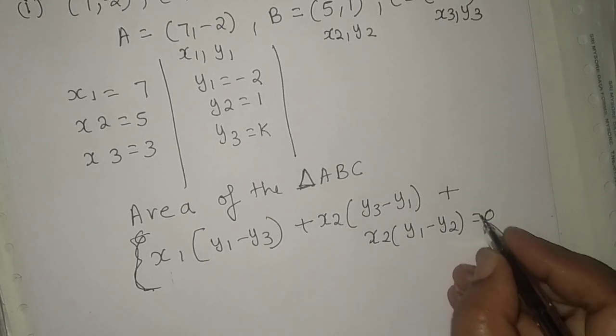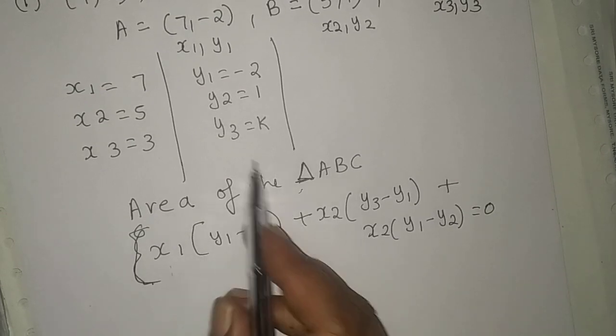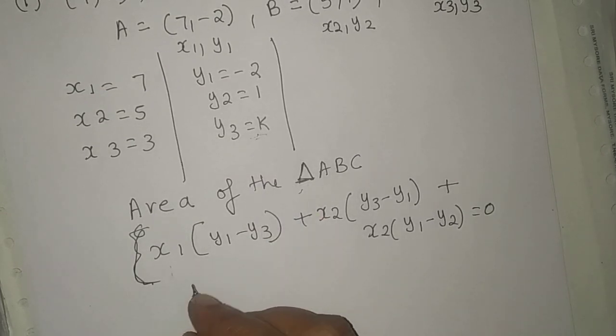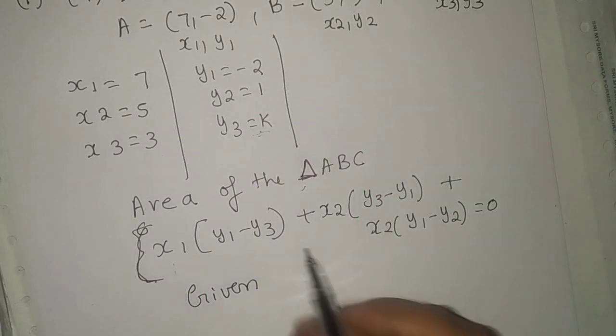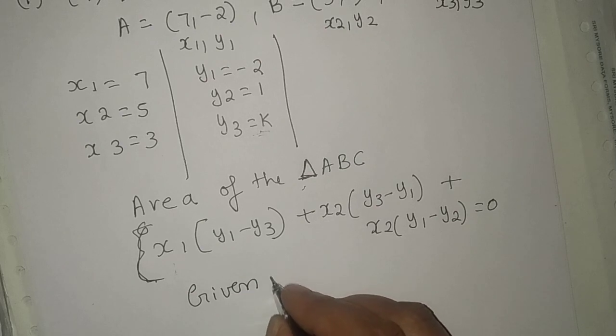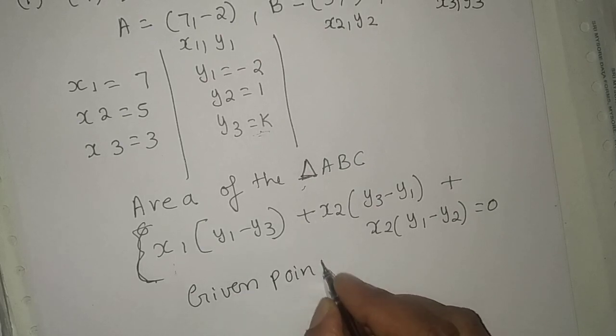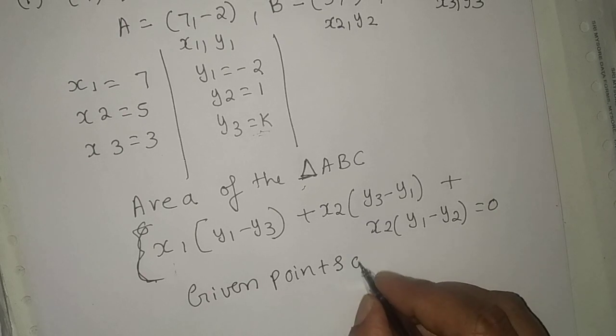This is the formula because here k is unknown and the given points are collinear. Given points are collinear means points lie on the same straight line.